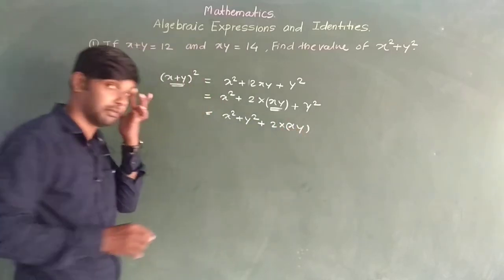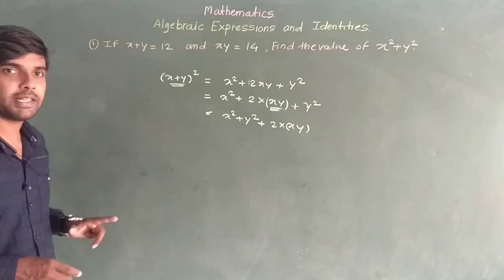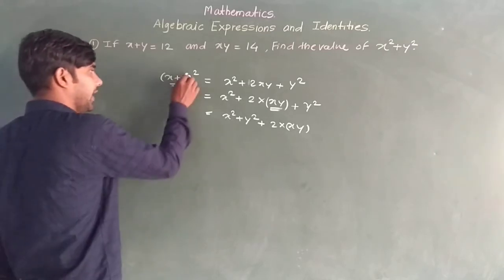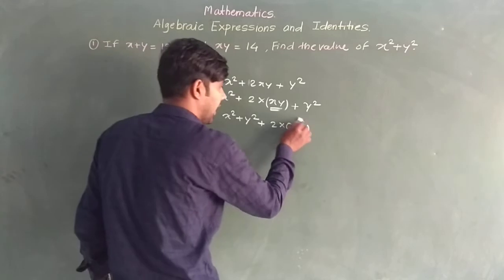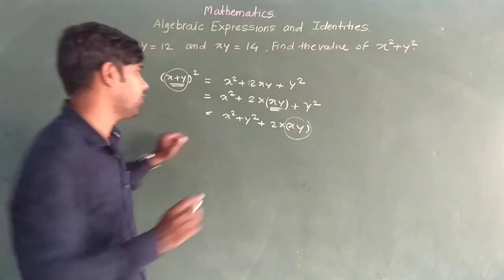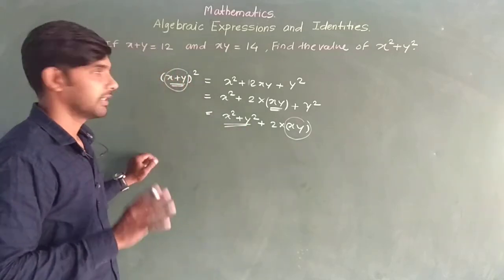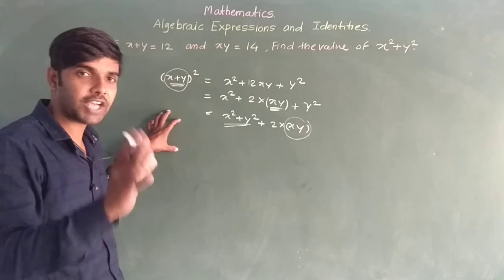Then if we observe this example, they have given two values here, which are x plus y is equal to 12 and xy is equal to 14. And we have to find only x square plus y square. That means in this example we have to use which identity?